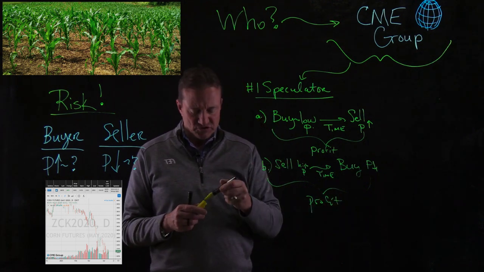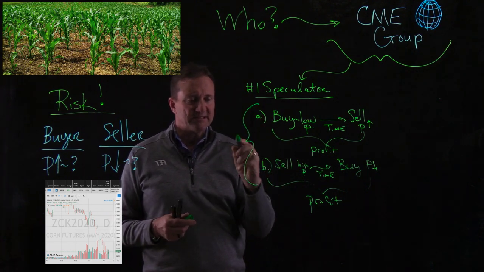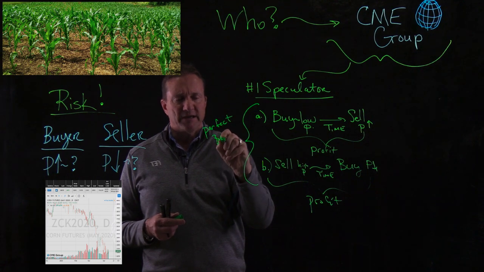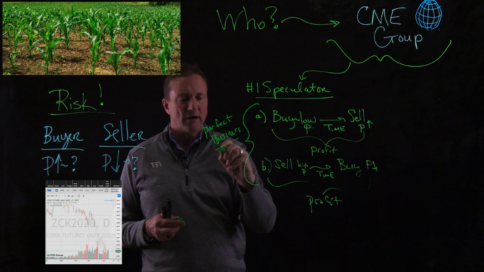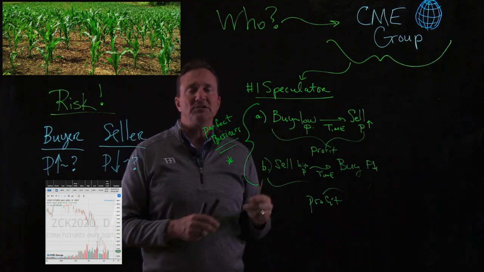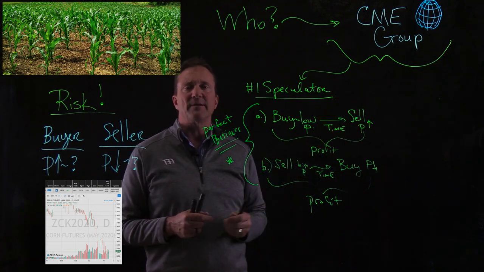In fact, the futures market has been called by some folks, and it makes sense, the perfect business. Because when prices are too low, a speculator grabs those and the market moves back to something normal and they're able to make money.